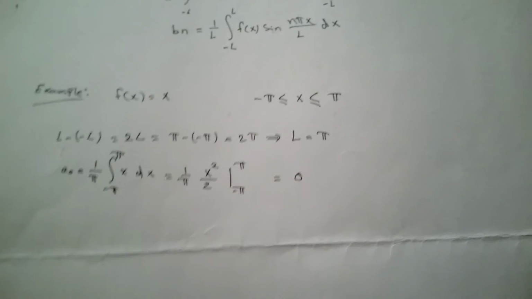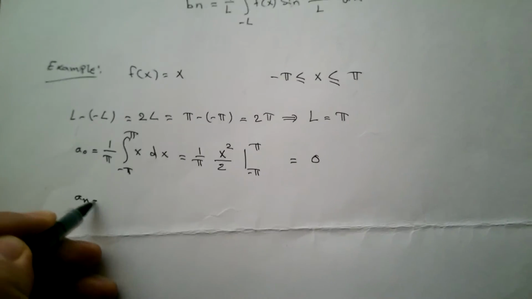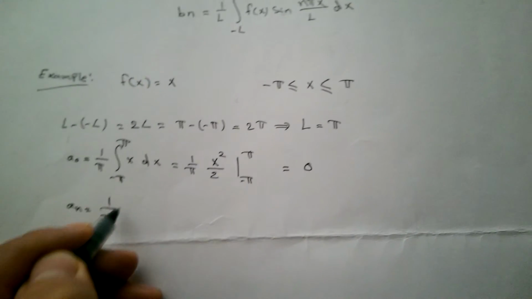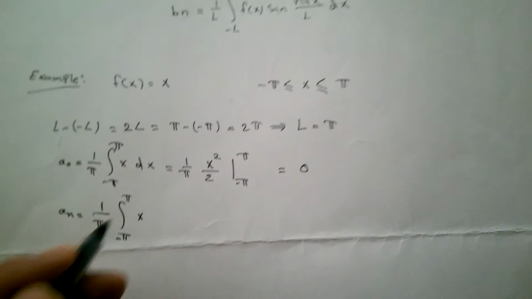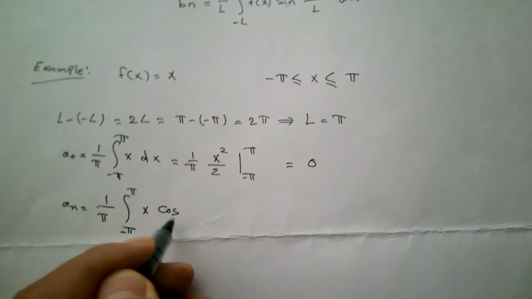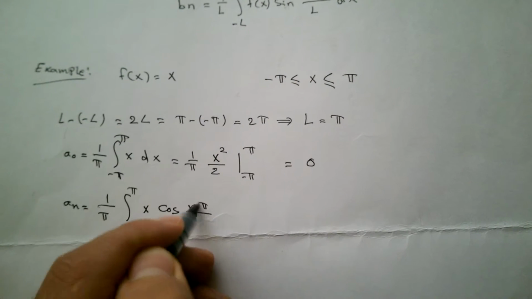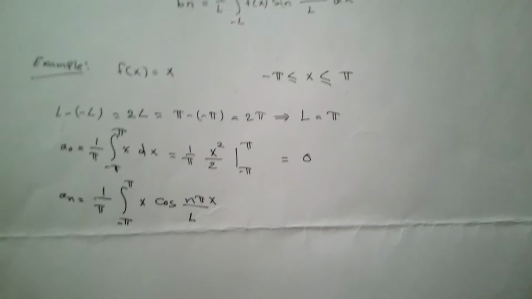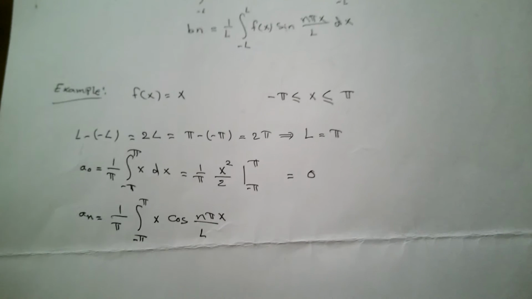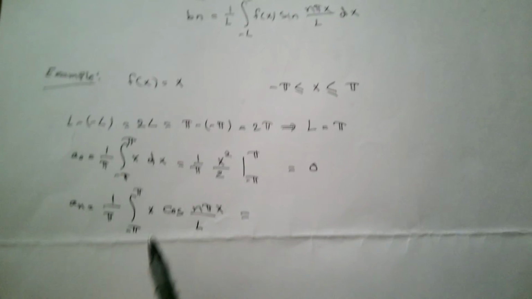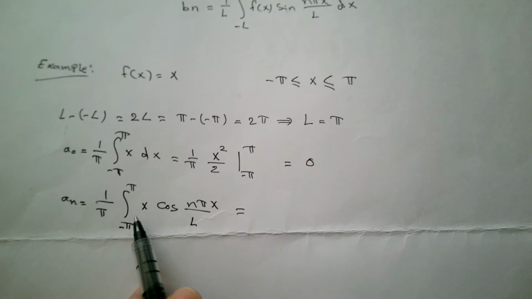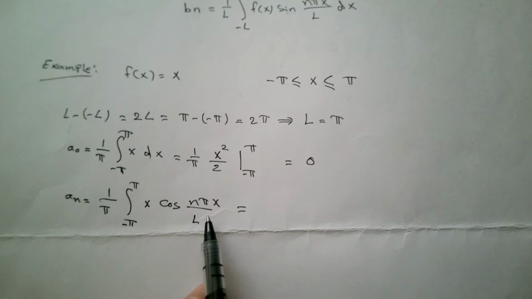And an is equal to 1 over pi integral from minus pi to pi of x cosine of n pi x over L. As you know, guys, we have to solve this integral using integration by parts, u dv.